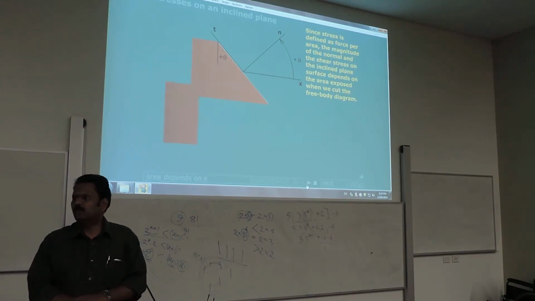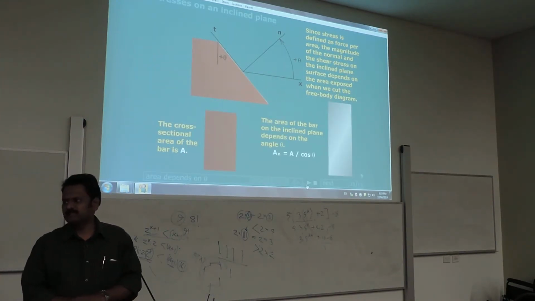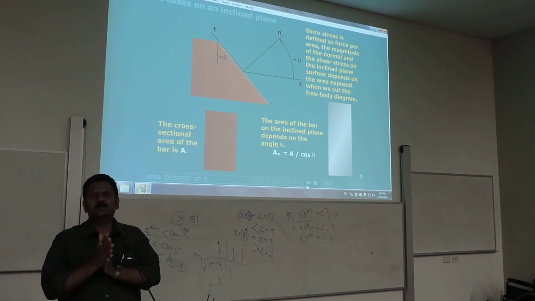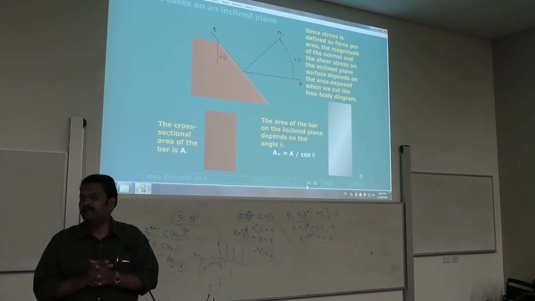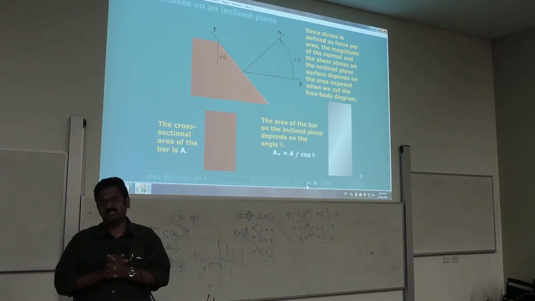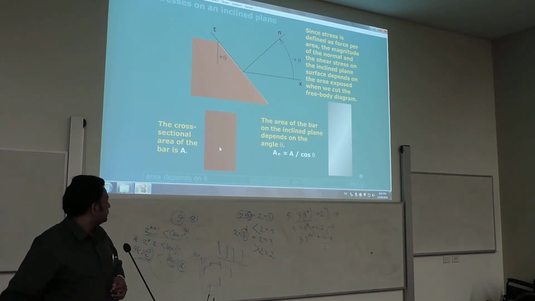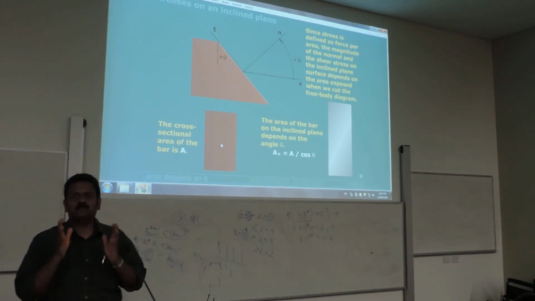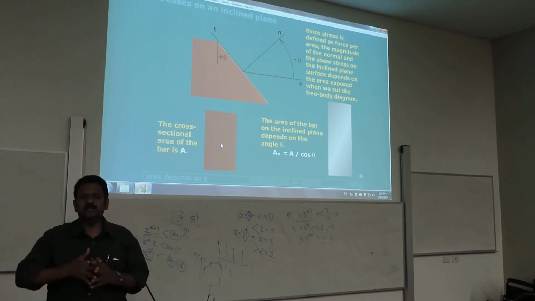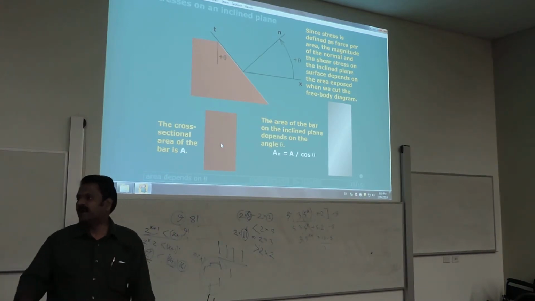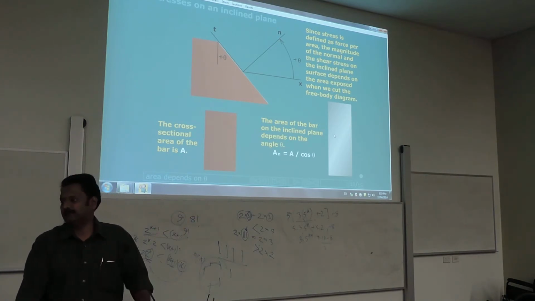One very important concept that you have to grasp here is, when you're not dealing with a plane that is perpendicular to the axis of the prism, there can result a change in the cross section that is actually trying to resist that force. Here in this case, this red block you see is the cross section when you have taken a perpendicular plane to the face of the prism, while that white face you see is the face of that inclined plane.